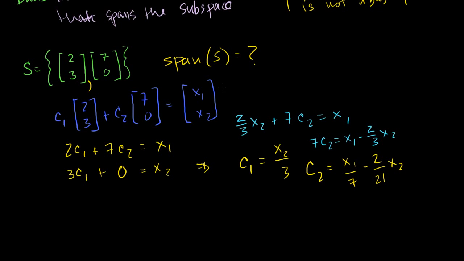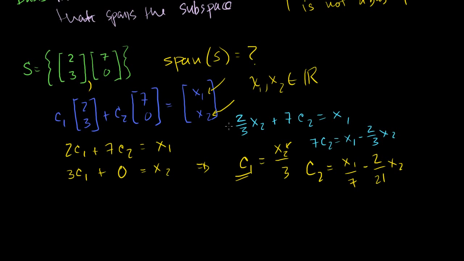So if you give me any x1 and any x2, where x1 and x2 are members of the real numbers, everything we're dealing with right now is real numbers, I take your x2 divided by 3, and I'll give you your c1. And I take x1 divided by 7 and subtract 2/21 times your x2, and I'll get you your c2. This will never break.